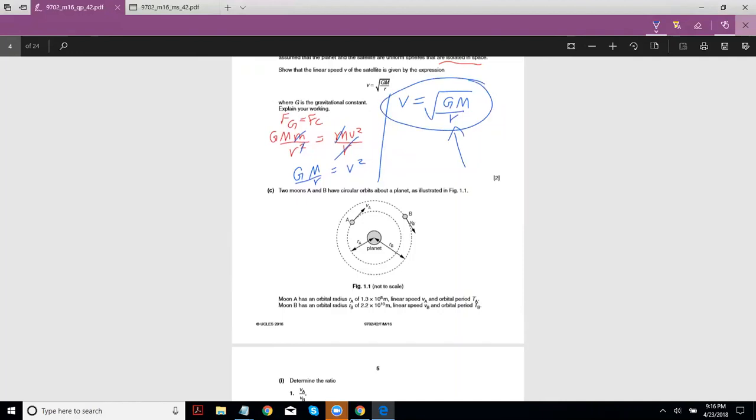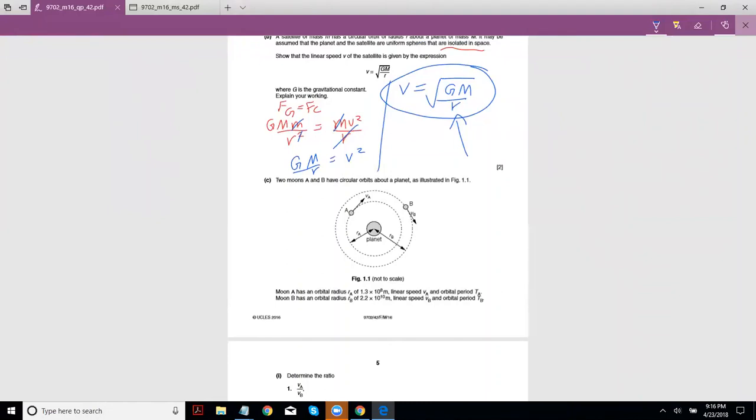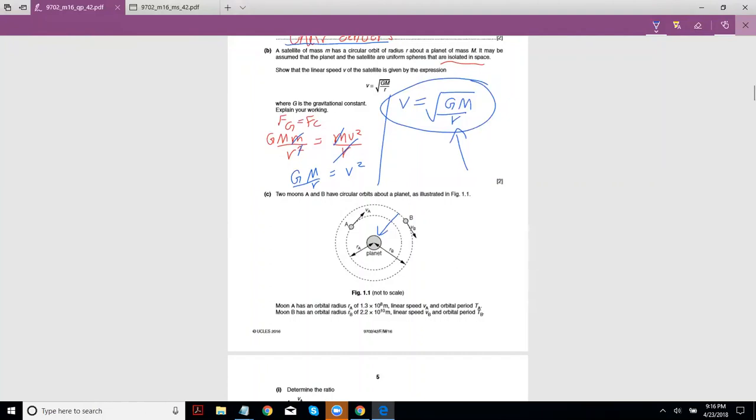The idea here is, for any given planet, M was the planet का mass, right? So M would be constant, G is a constant.